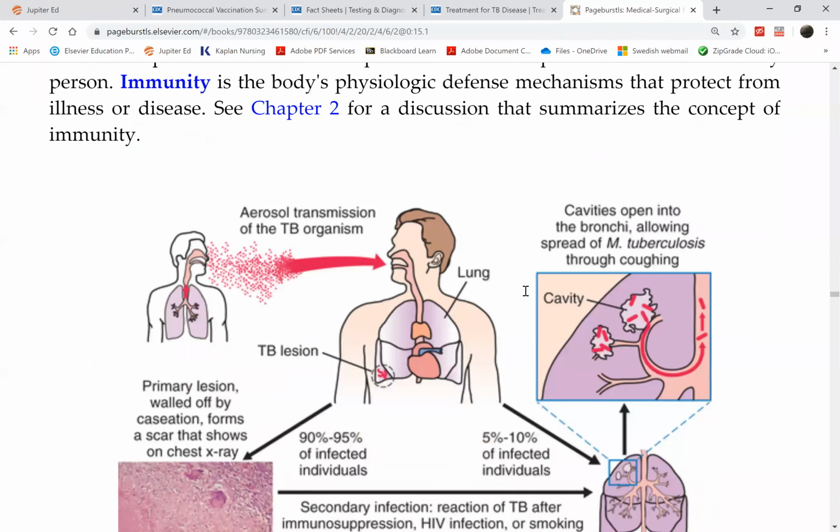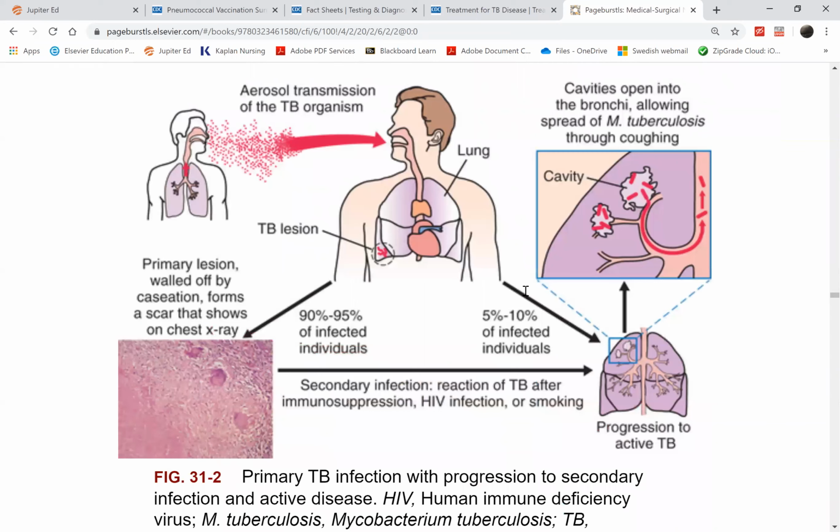Another thing to bear in mind about TB is it's a very slow growing bacterium, meaning if you get exposed today, you will develop the disorder much later. Plus, of the people who get it, only about 10% are infected, as shown here on figure 31.2.